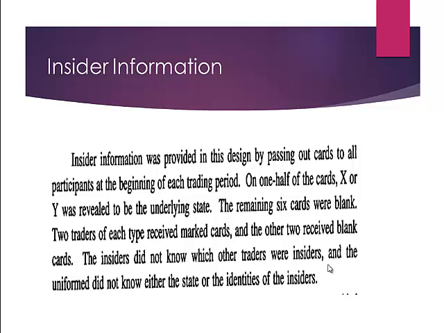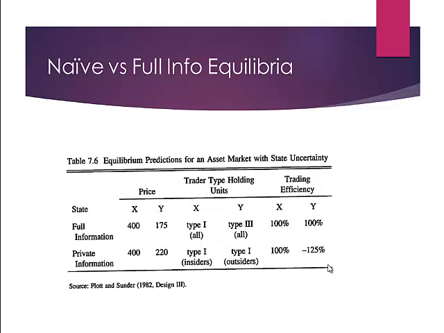So the state was revealed to 2 traders of every type. For every type there are 2 insiders who know what the state is going to be, and 2 outsiders who do not have this information. So now we have a market in which there are some insiders who know the information, some who don't. So what would happen?